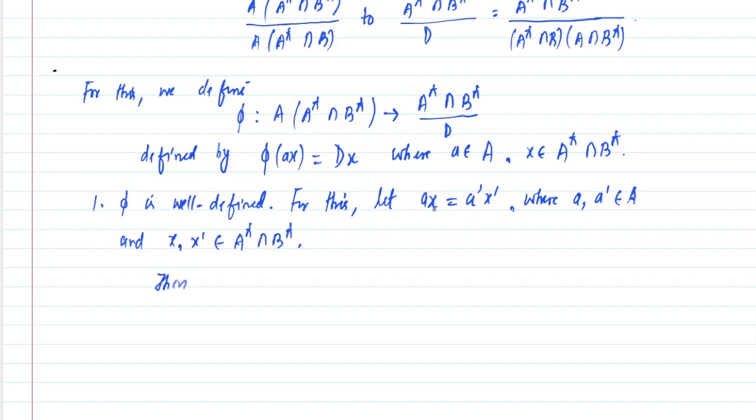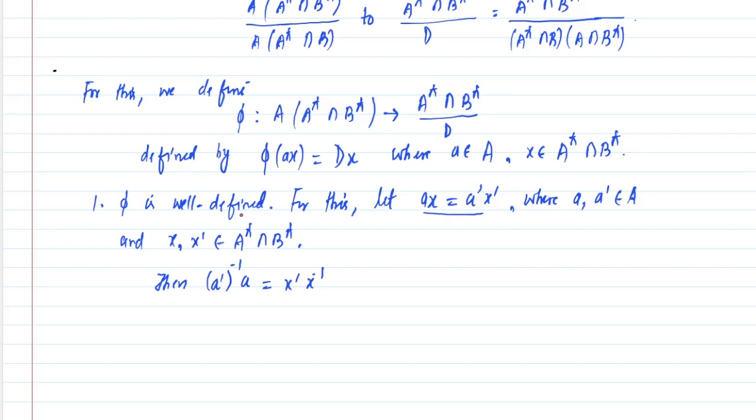Then when we pre-multiply this expression by a dash inverse, we obtain a dash inverse a. Now on the right, we multiply this expression by x inverse, so this becomes x dash x inverse. So this expression is obtained by pre-multiplying by a dash inverse and post-multiplying by x inverse.